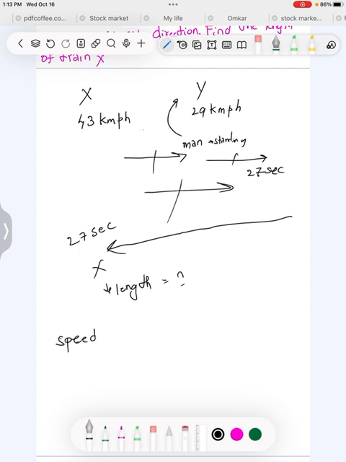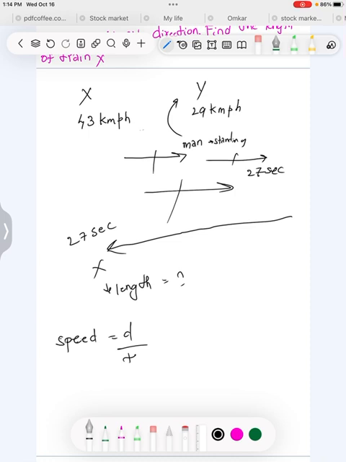So everything is with respect to both the trains, not with the same train, right? It is a cumulative thing.